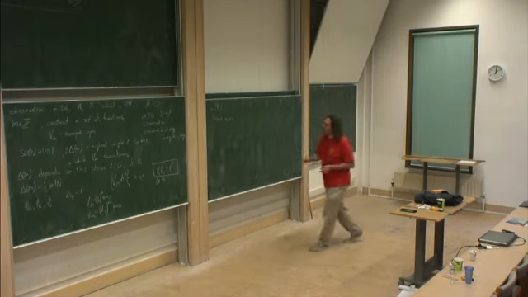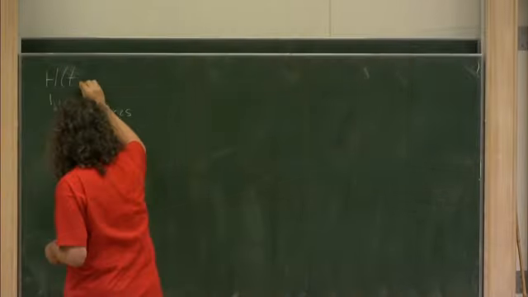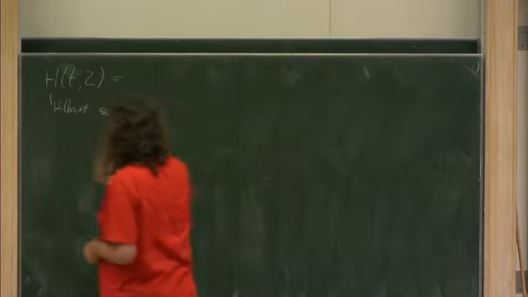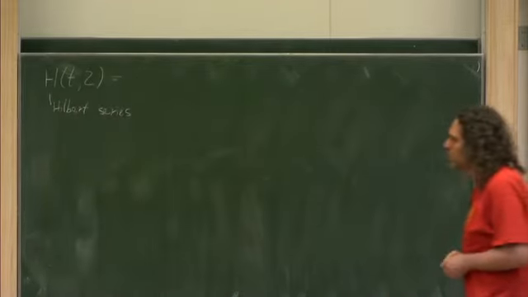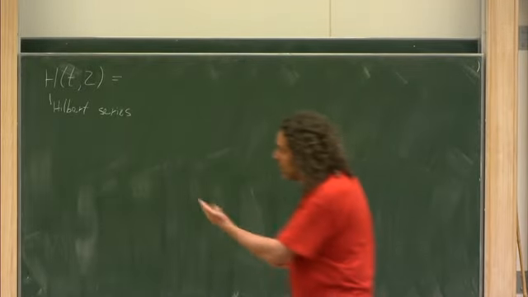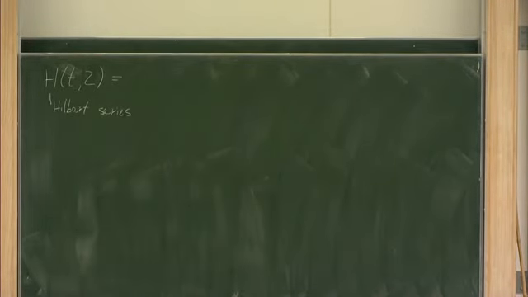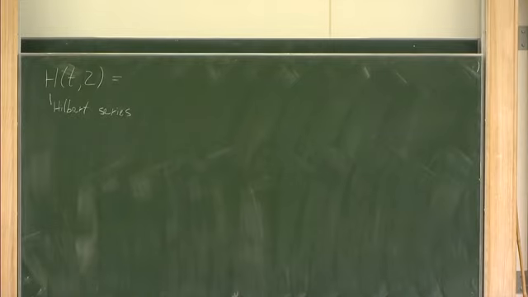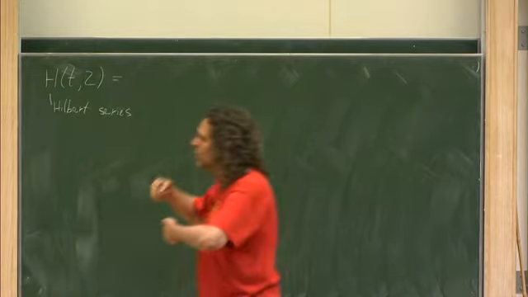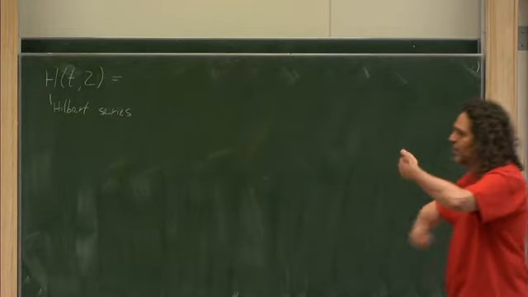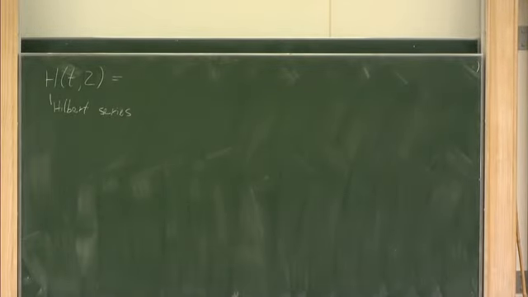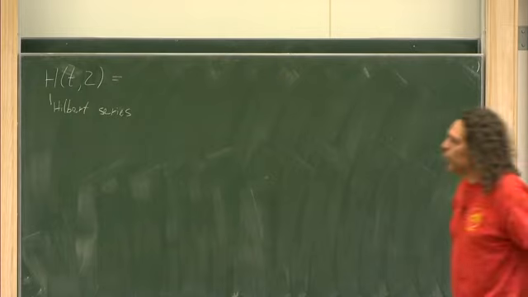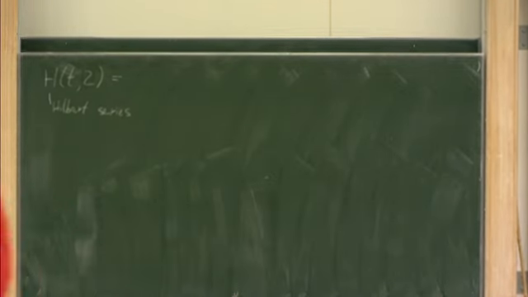In fact, it will depend on some other variables, and for this particular case, it's going to depend on two variables, because I remember that m is a conserved number.